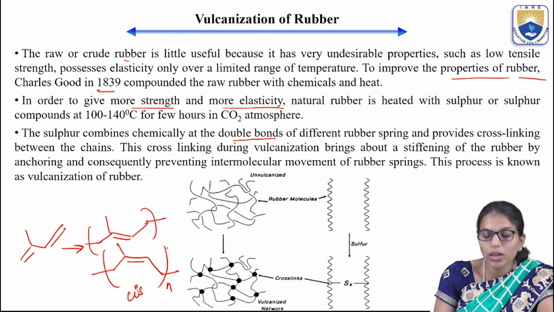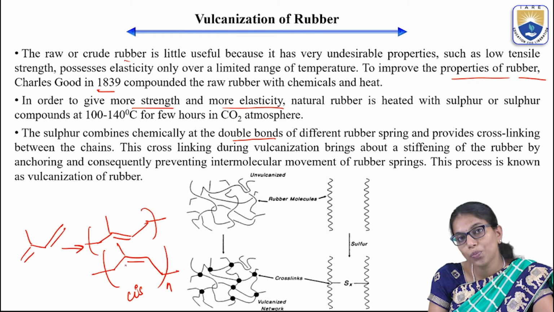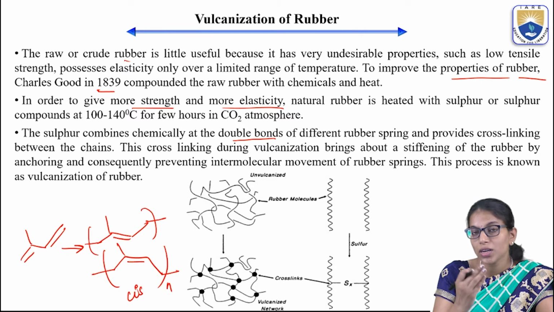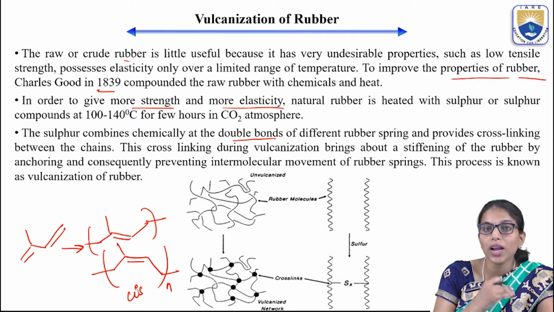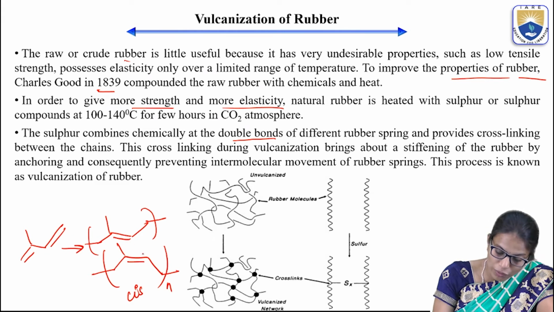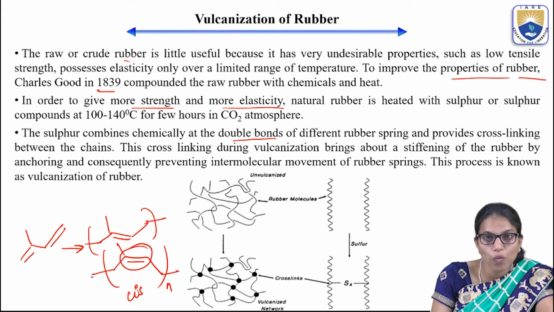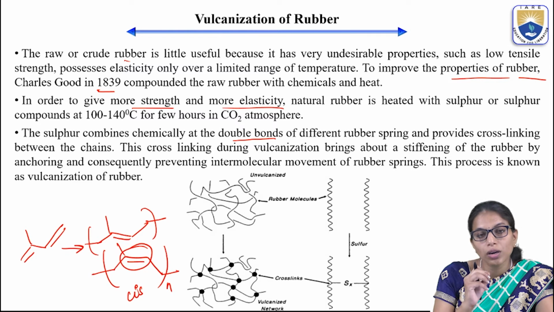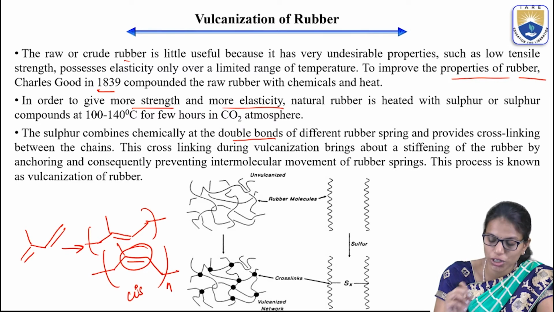So in the many layers of this polyisoprene, sulfur bonding will be there, and it will bond here only, at the double bond position.